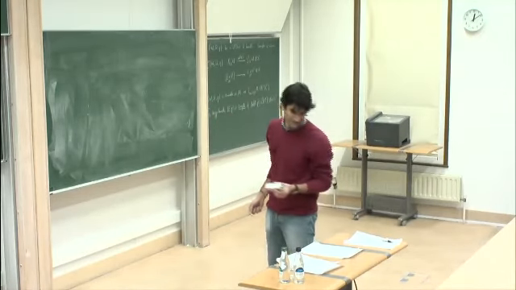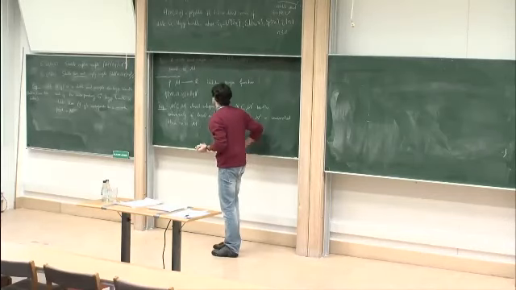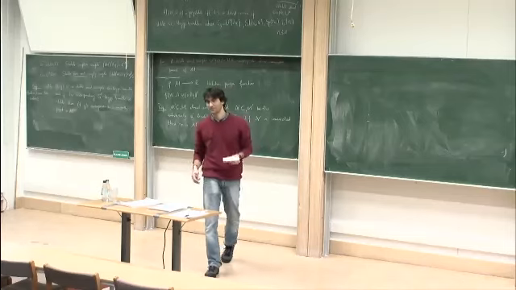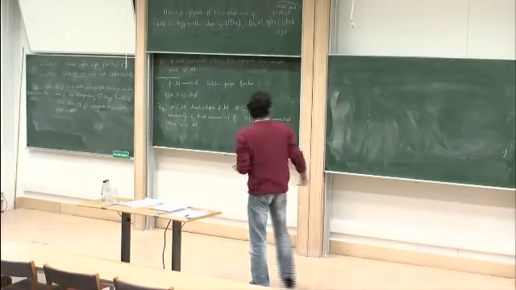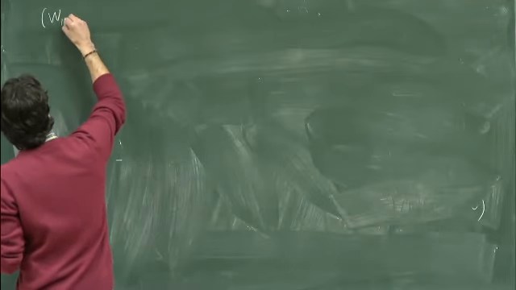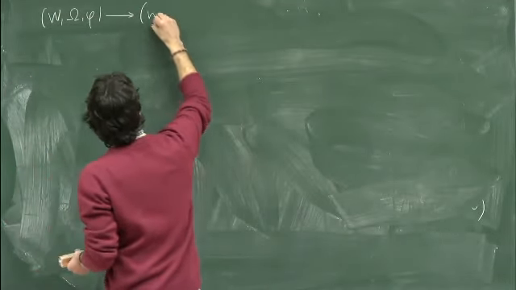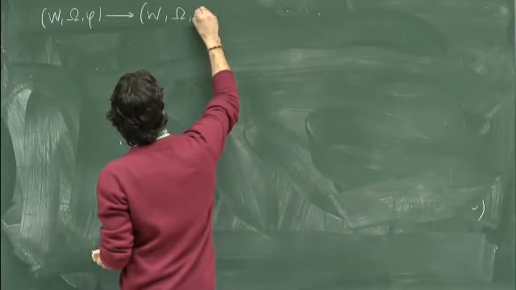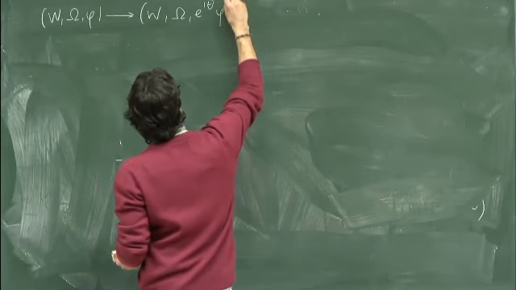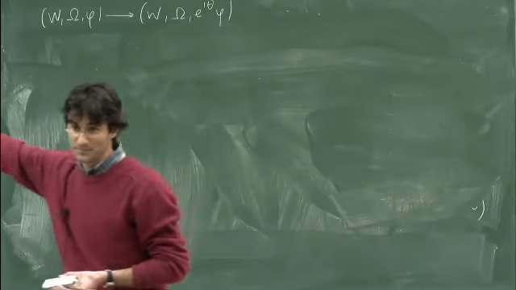So F is in fact, up to a multiple, a moment map for the S1 action on the moduli space. There's an action, the S1 action, it's Hamiltonian, and F is a moment map.